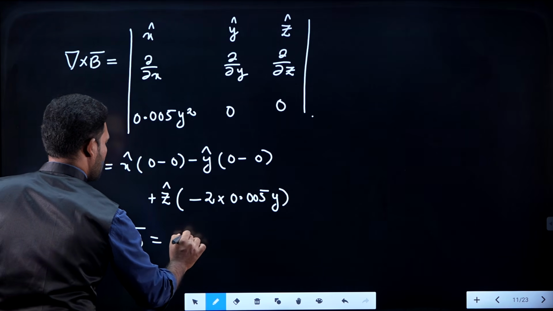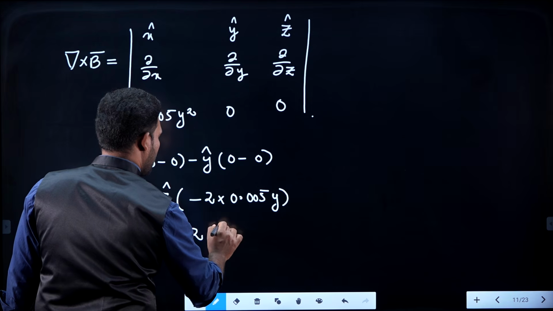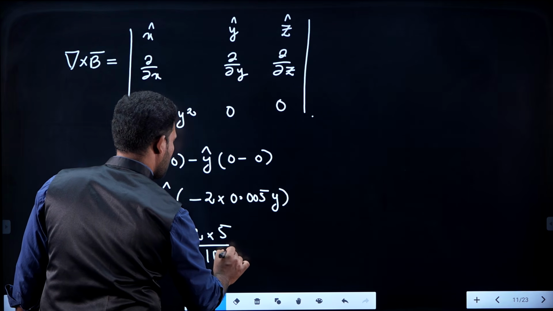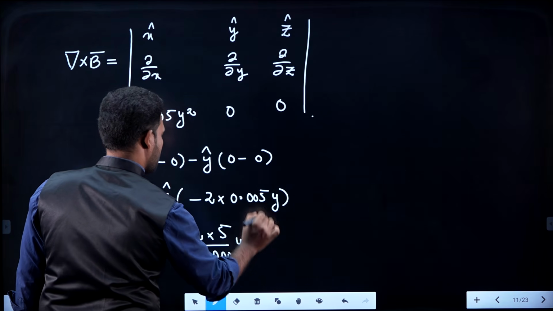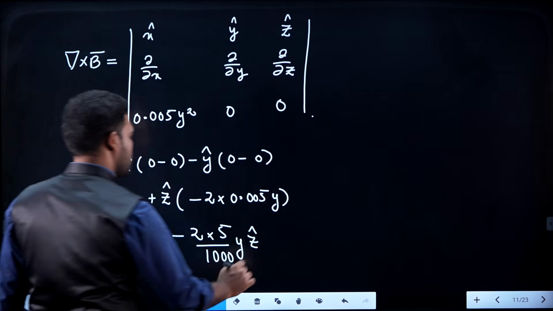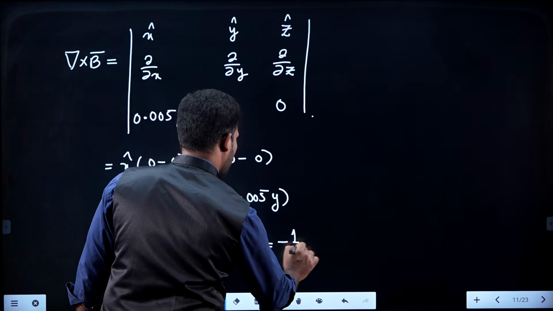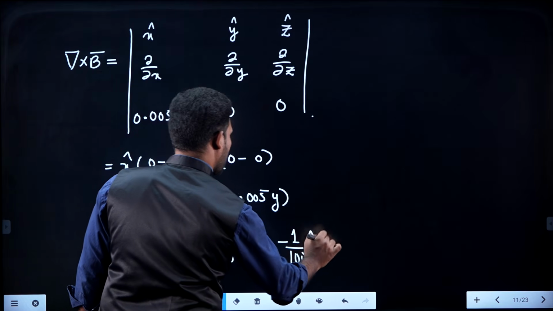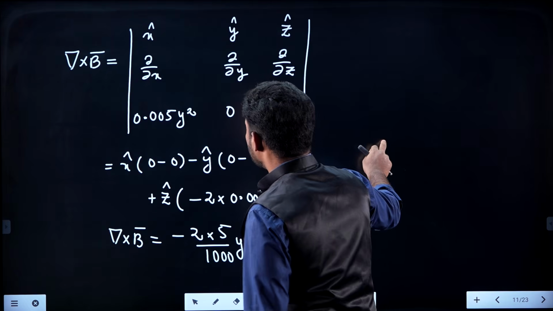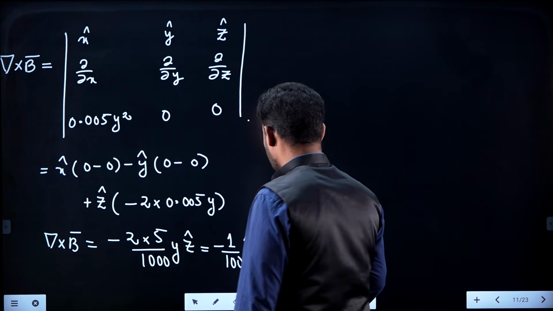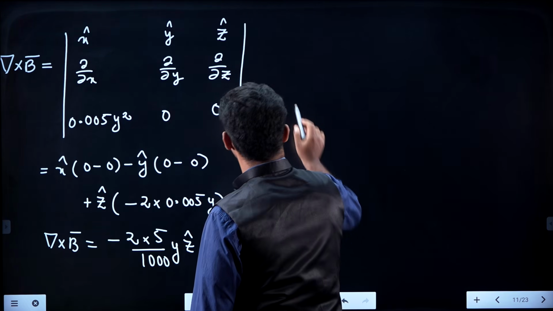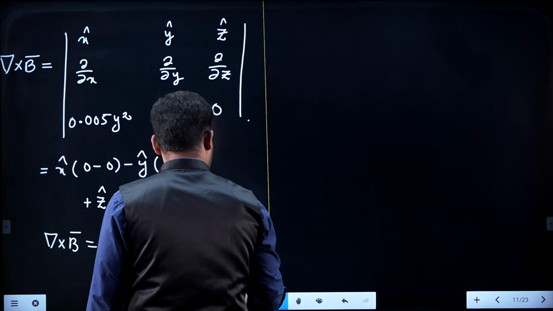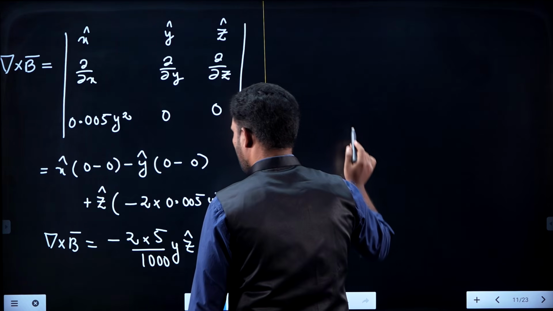Curl of B is equal to minus 2 into 5 divided by 1000 y z cap. So, it is minus 1 by 100 y cap. So, it is the curl of B. Okay.